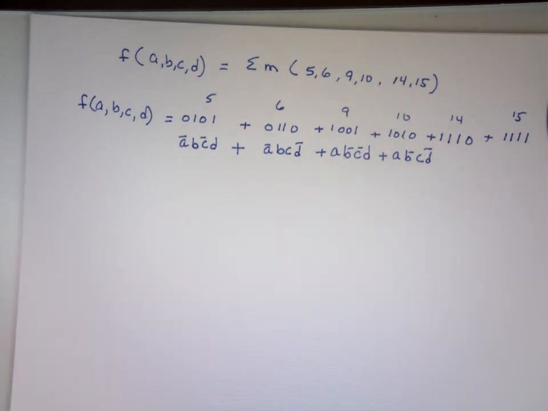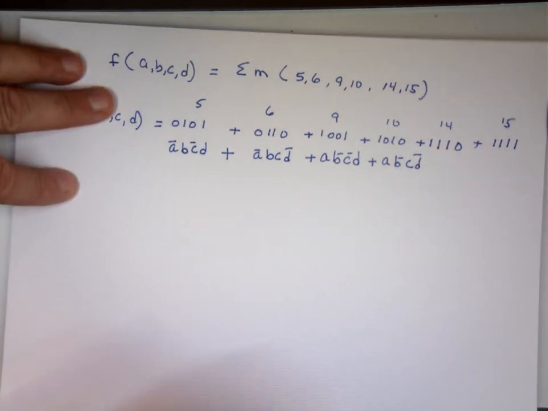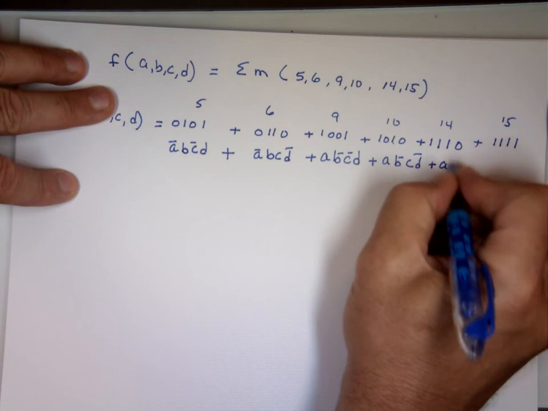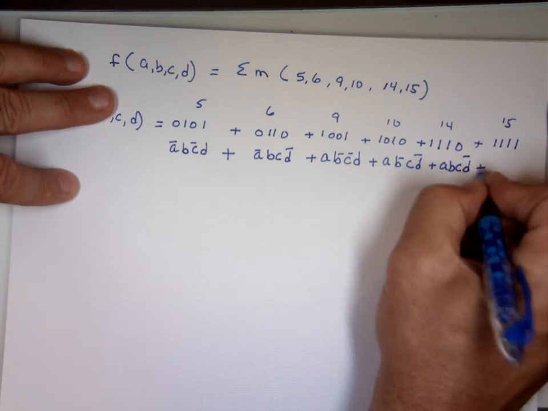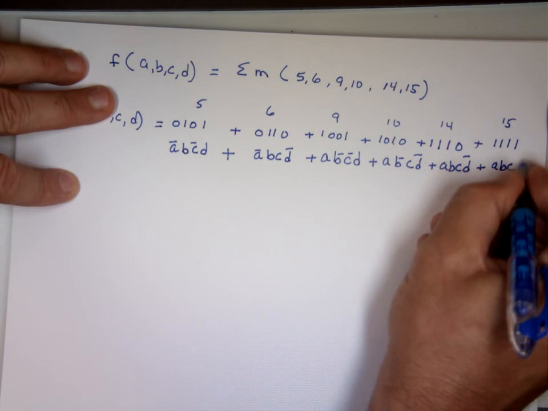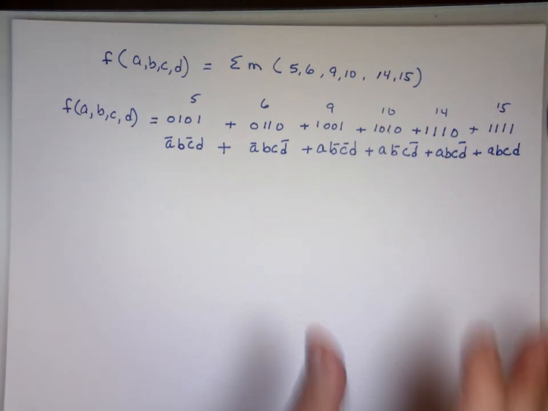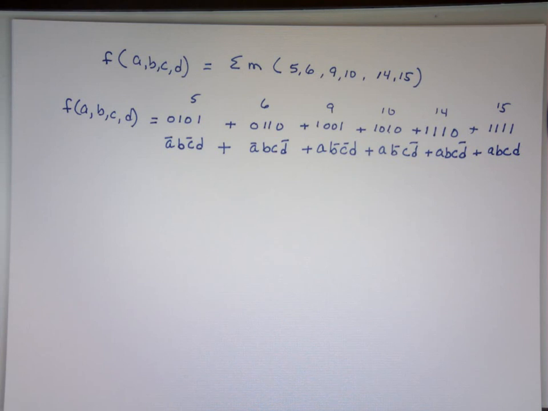This one, A, B, C, D naught. And the last one, A, B, C, and D. Does everyone see how we come up with these? And now you got to go through Boolean algebra and see if you can find anything that will simplify them. So that's how the questions are going to be written out.